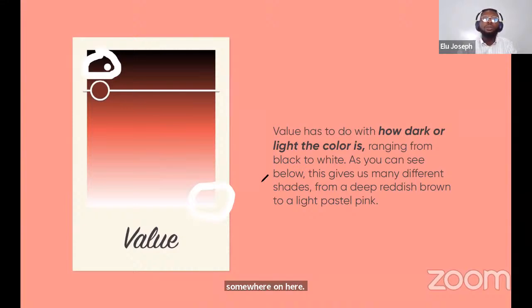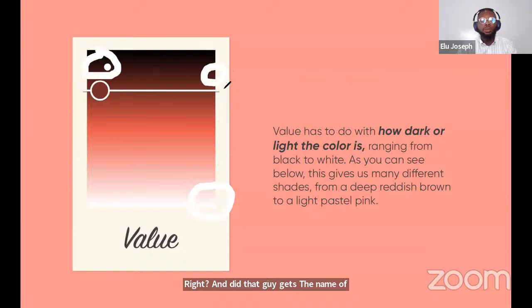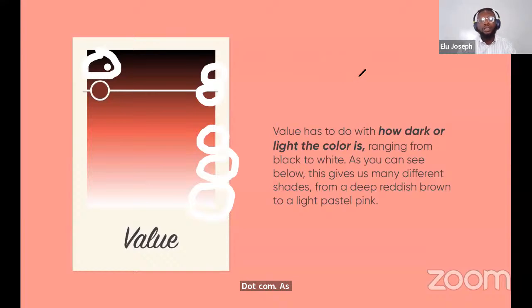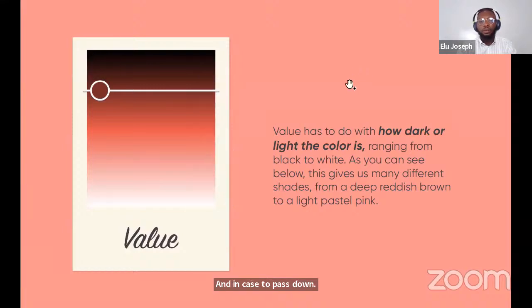It's either going to be called pink or something else, right? And the darker it gets, the name of the color changes. That's where you hear things like burgundy, wine. As it gets lighter, you have pink, fuchsia pink, coral pink, whitish pink, and it keeps going. And it gets to pastel. That's how value works. Okay?